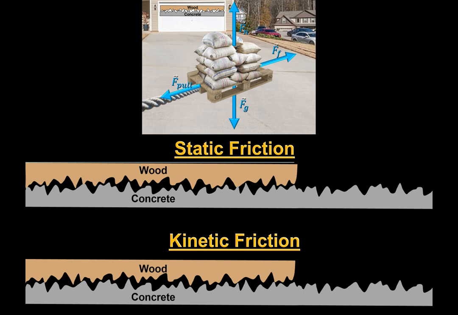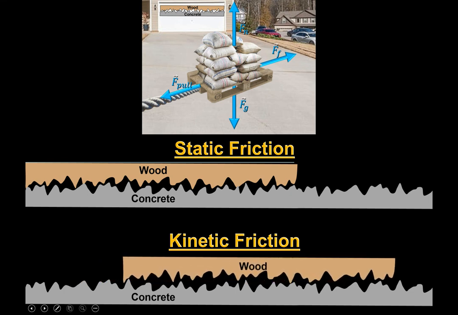Think about the word static: it means not moving. So this is the friction that keeps the object from moving. You actually have to overcome that type of friction before you can get an object to move. And then it goes into kinetic friction. The word kinetic means movement. Hence our first unit was kinetic motion.